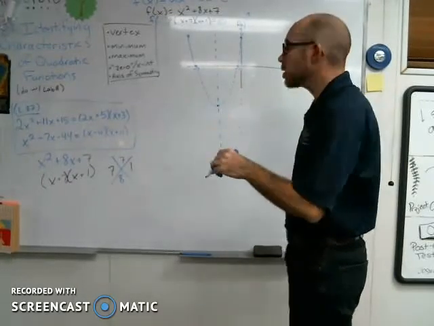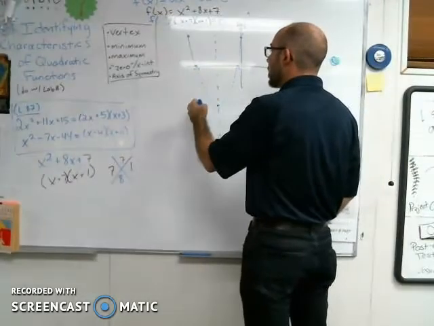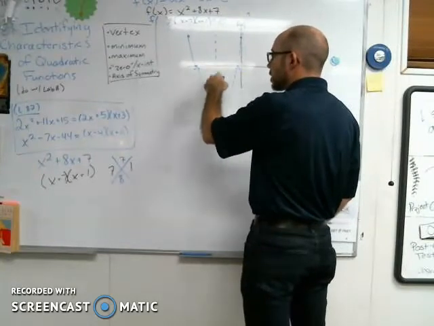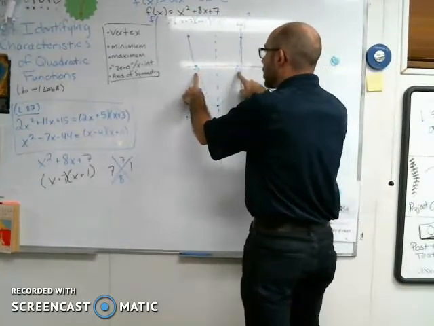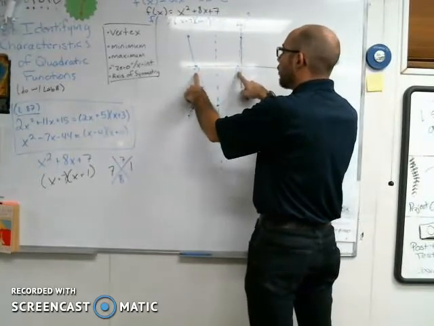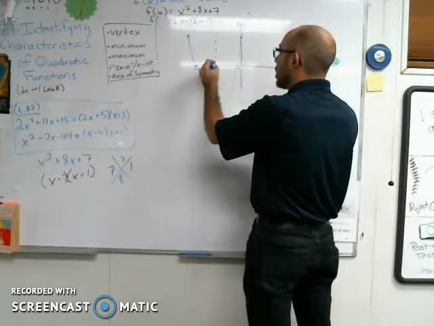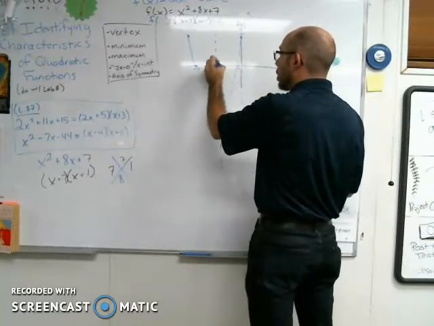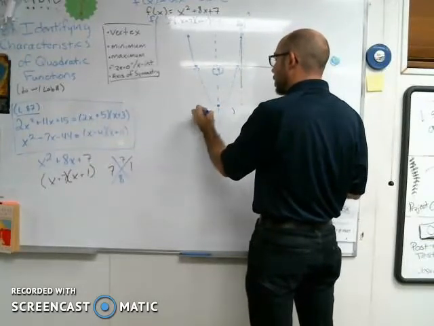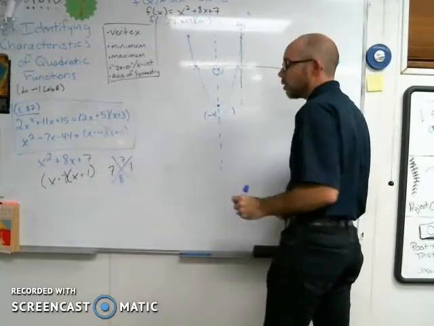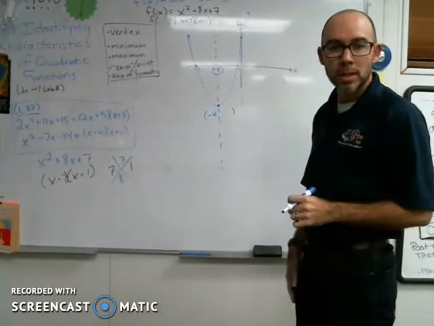Two things I want you to see, though. Since this is symmetrical, it means that the axis of symmetry is going to be halfway between these two numbers. And halfway between these two numbers would be to add them together and divide by 2. Adding together -7 and -1 and dividing by 2 gets us -4. There's our axis of symmetry. In fact, that is the x value of the lowest point.